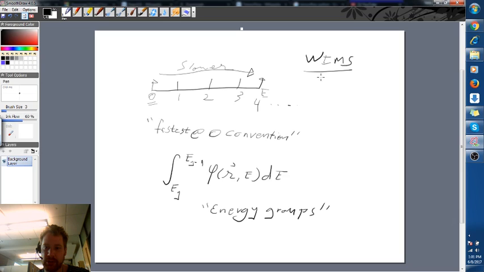There's the WIMS energy group structure, which you might get to if you study computer codes and reactor physics, and that's 61 energy groups. But for most problems, we're just going to have 2 energy groups, the so-called 2-group approximation, which has just fast neutrons and neutrons which are at thermal equilibrium with their surroundings. I'll talk much more about thermal neutrons later on, but that's a basic overview of the neutron state space and the flux.